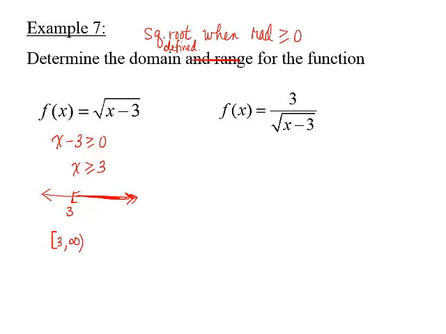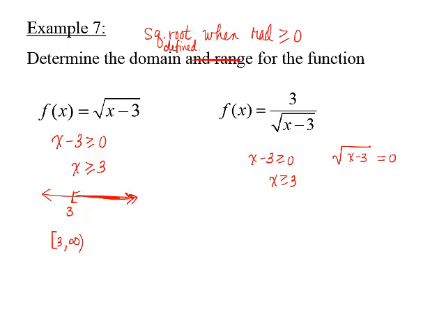This last example is a little bit more complex. It's f of x equals 3 divided by the square root of x minus 3. There are two conditions. We have to have first that x minus 3 is greater than or equal to 0 for the radical to be defined. But then we cannot have the square root of x minus 3 equaling 0, because that makes us divide by 0. So we know that x minus 3 is greater than or equal to 0 where x is greater than or equal to 3.